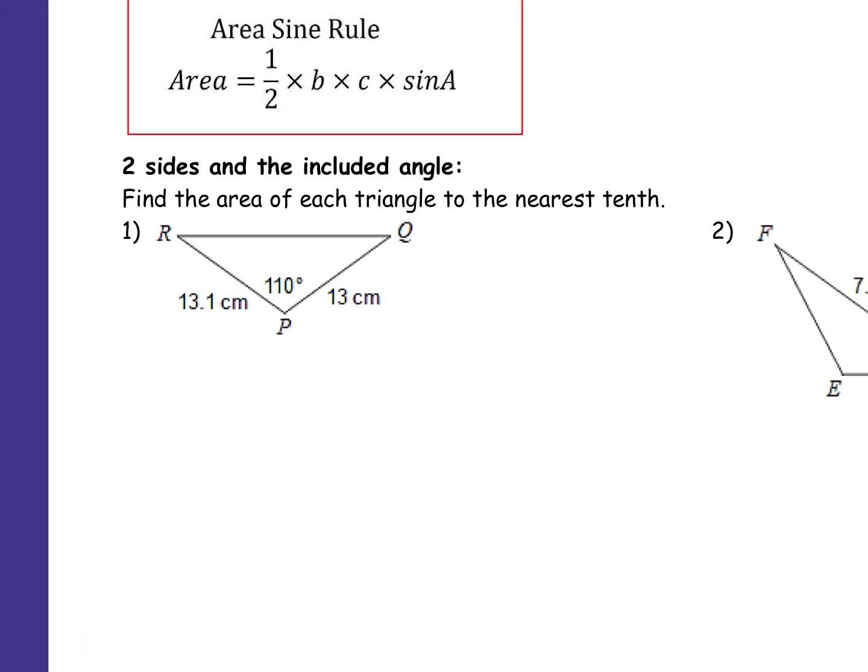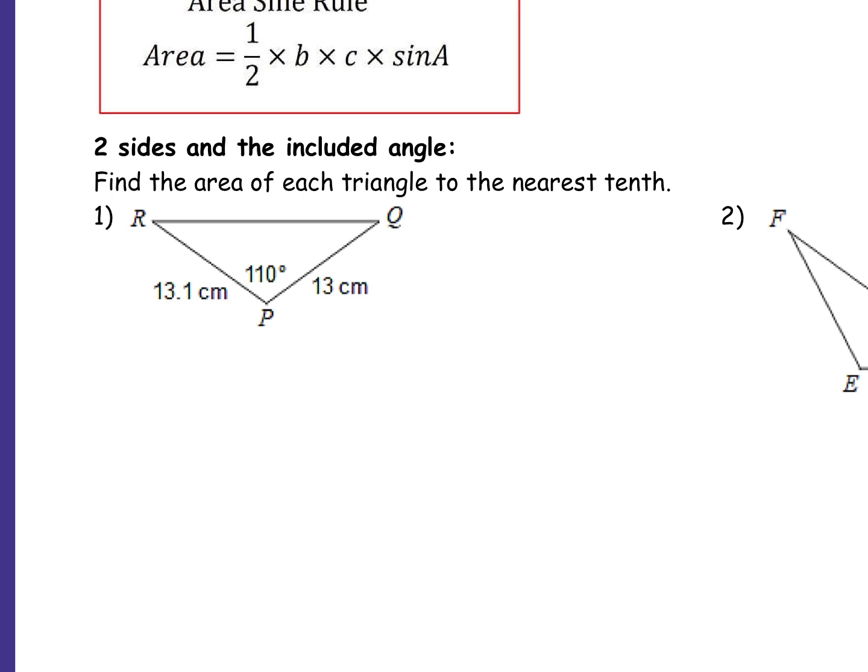So to find the area of this triangle, in the past we've only had to do 1/2 base times height. If I don't know my height and I know only 2 sides, I can find my area pretty easily.